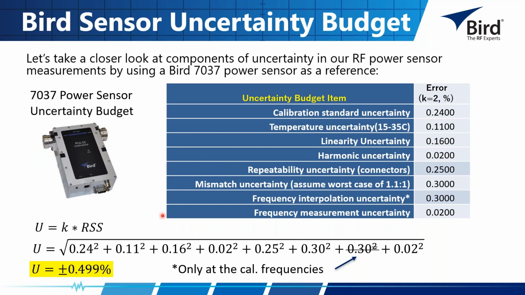Frequency interpolation is the idea that the sensor is going to be calibrated at different calibration points, and we can't calibrate every little frequency along a large band. So there are going to be some interpolation effects which can introduce some variation, as well as the ability of the sensor to actually measure the frequency of the source.